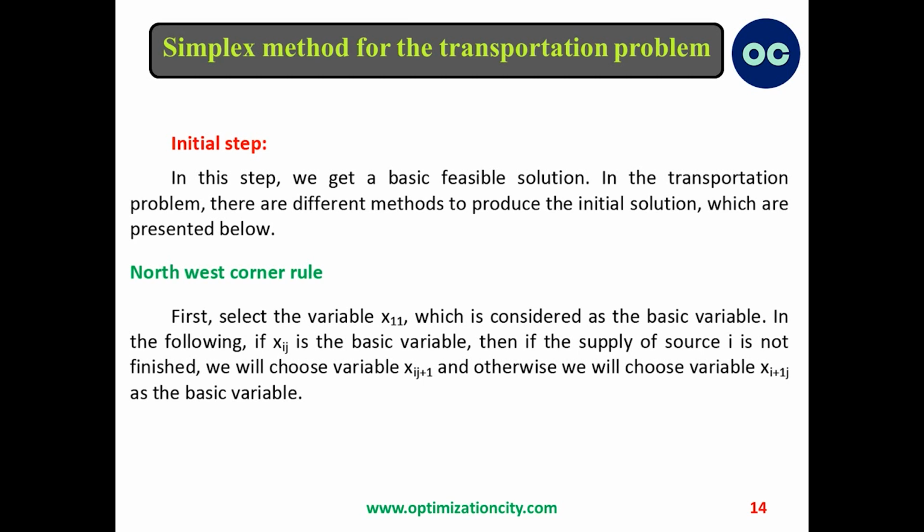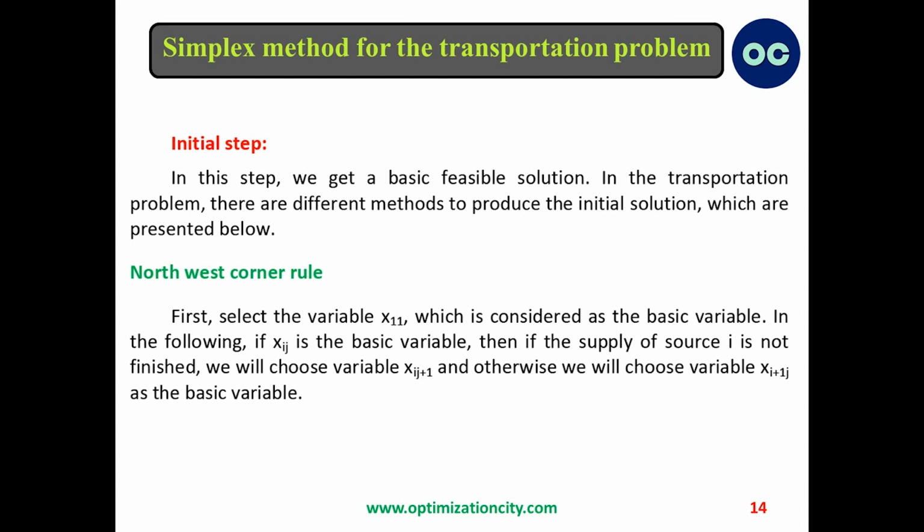We first select the variable x11 as a basic variable. Then, following the northwest corner rule, if xij is the current basic variable and the supply from source i is not exhausted, we choose the variable xi,j+1 as the basic variable for the next iteration.